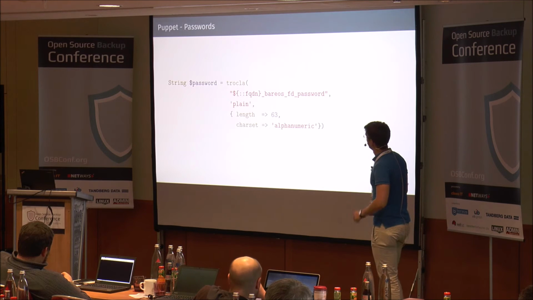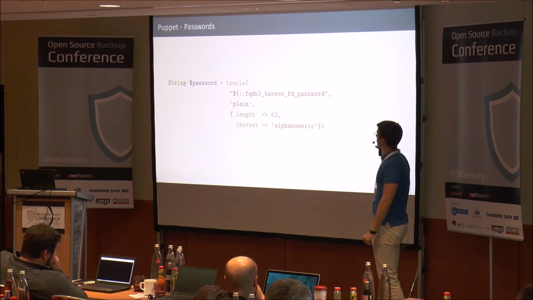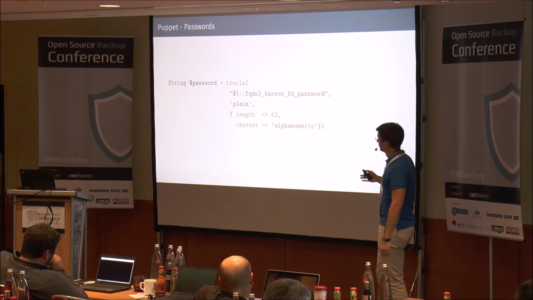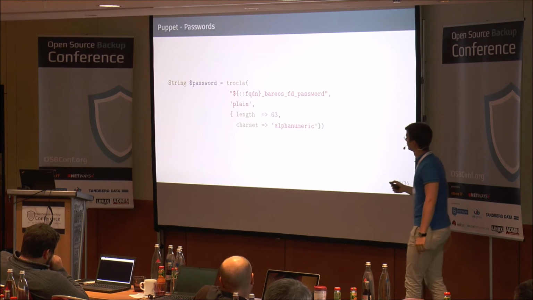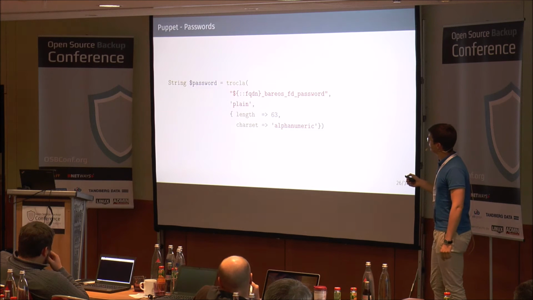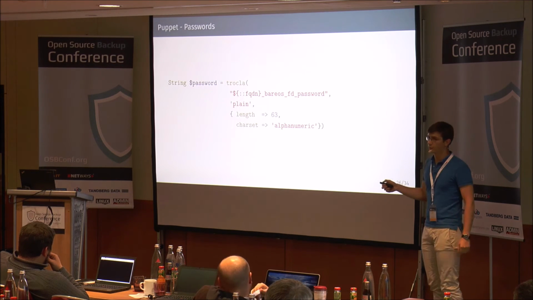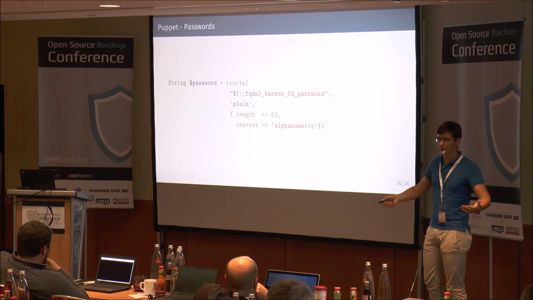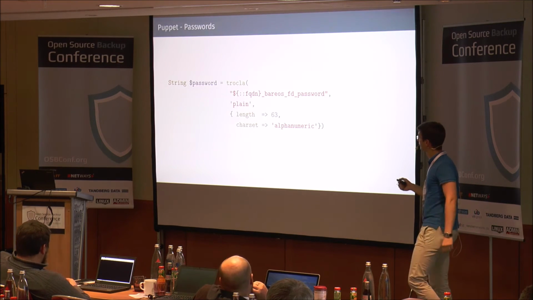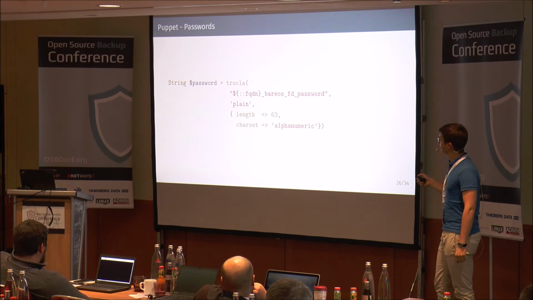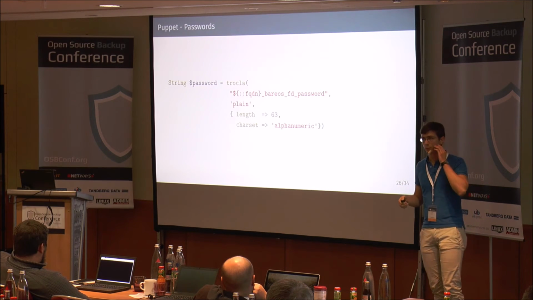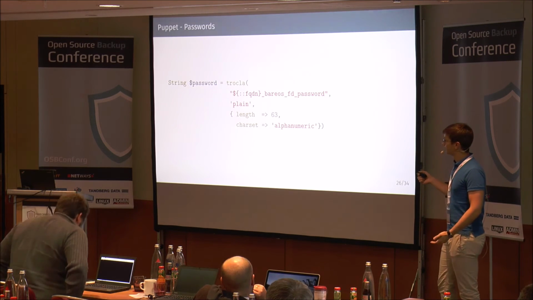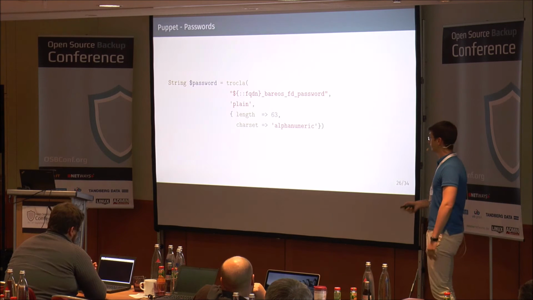This is how you can put a password into Puppet code. You can invoke the trocla function with a first parameter, which is the key the key-value store is using. The second parameter is what type of value we want to save or get. A plain value is something like a password.